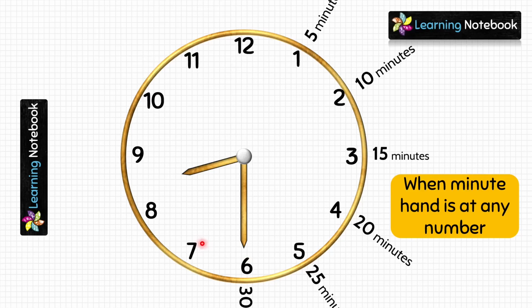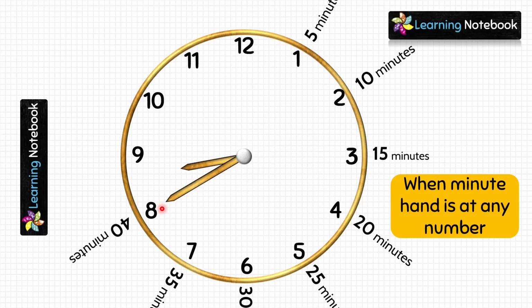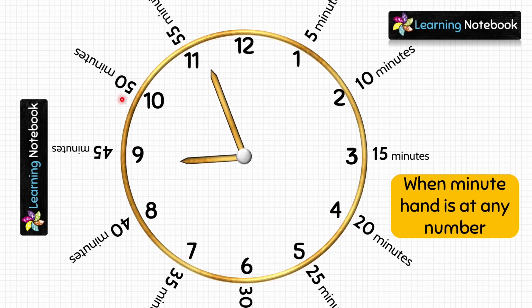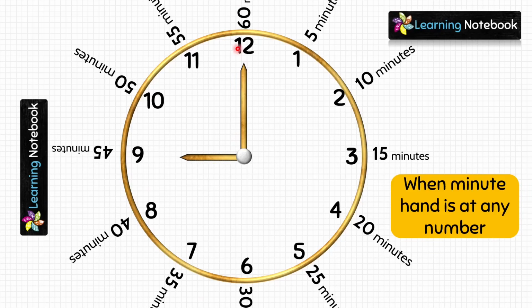To 7 it is 35 minutes. To 8 it is 40 minutes and so on, till it moves to 12 when 60 minutes have passed. So students, you can easily learn this as it is a table of 5.